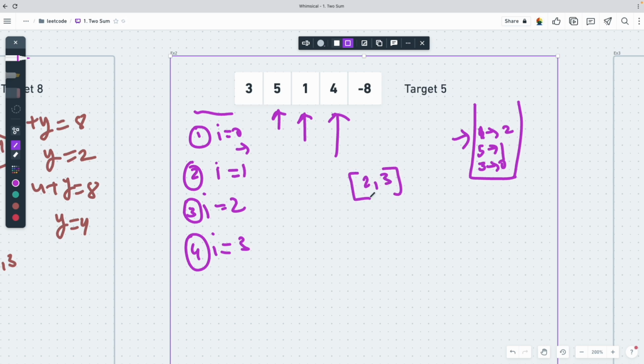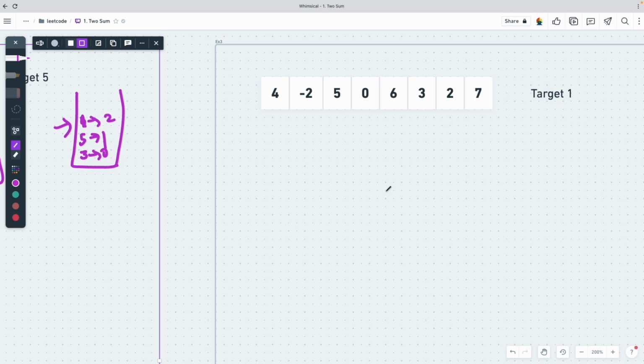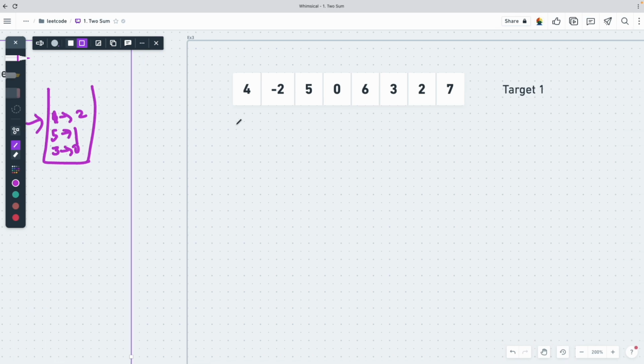Okay, let's see this hash map solution with another example. Here this is the array we have and the target is 1. So in the first iteration, i is 0. Our hash map is initialized to empty.